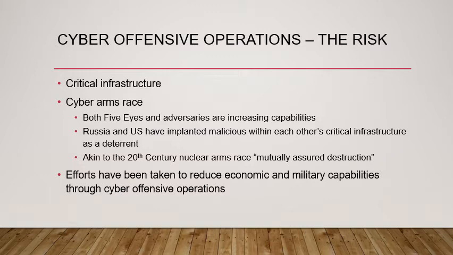And basically the concept there is to be used as a deterrent. It's for mutually assured destruction, more or less similar to the nuclear arms race, where neither one wanted to initiate any type of attack because it would lead to an escalation of attacks, and in the end, it would be a mutually assured destruction.